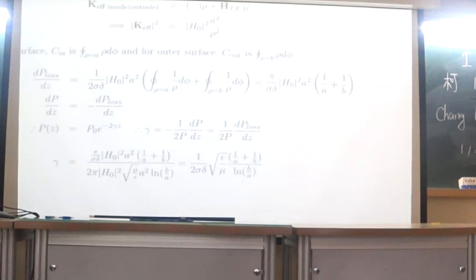And from problem B, it is initially given to us that P of z is equal to P0 times the exponential of minus 2 gamma z. So gamma is equal to 1 over 2P times dP dz. And the power loss is minus dP dz, because the power decreases along the z direction.